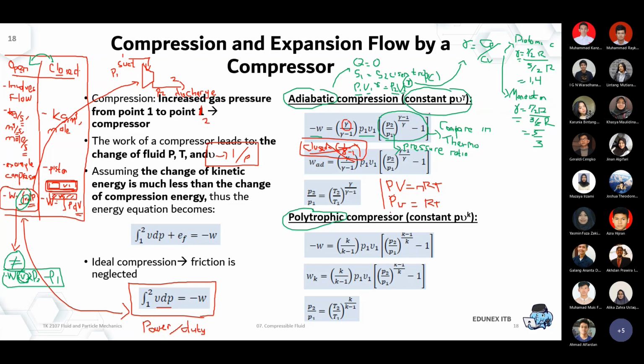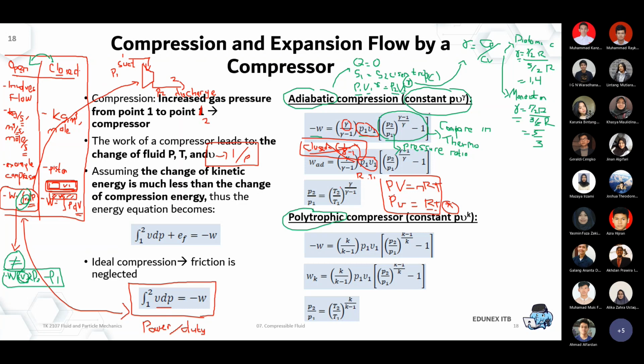So when we are using the P1 V1, it can be substituted very easily depending on what we know from the problem. It can be expressed as RT1, because P1 V1, the small v, the specific volume, is equal to the ideal gas constant multiplied by the temperature at condition 1.